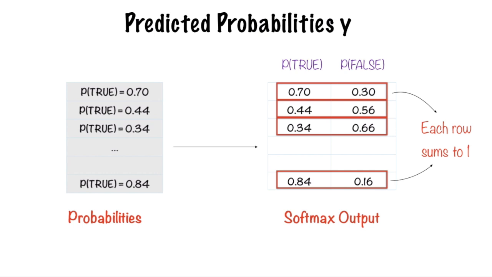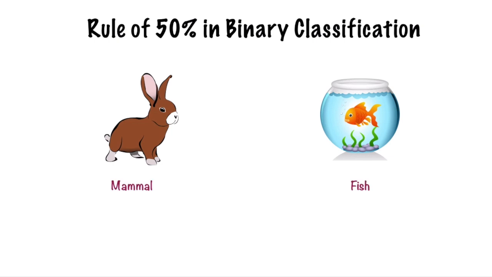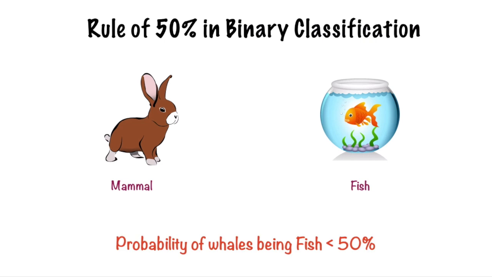This is different from the one hot notation representation of our actual values. Here, the probability of any of the output categorical variables can be any number from 0 to 1. We have just two possible output values. Google stock was up or down. The rule of 50% generally applies in binary classification problems of this kind. In the example of classifying whales as fish or mammals, if the probability of whales being fish is less than 50%, then whales are considered to be mammals.